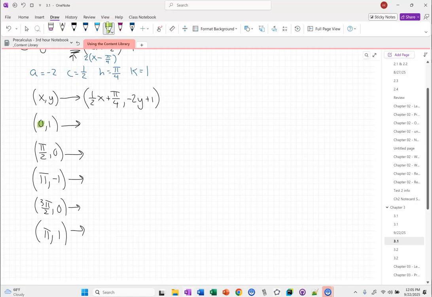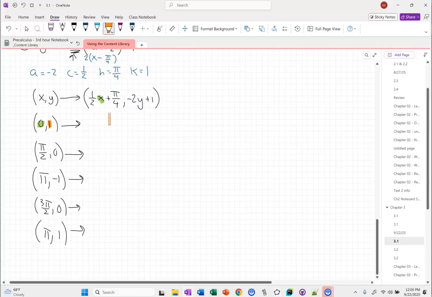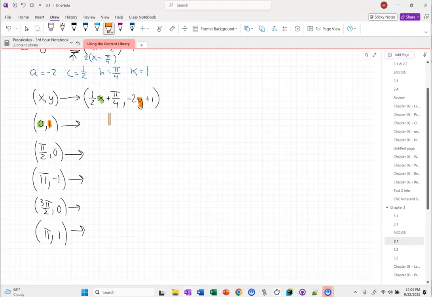All right, so the plan here is I take my x's and y's and I plug them into the equation that I've just written above, and that'll compute my new points, right?